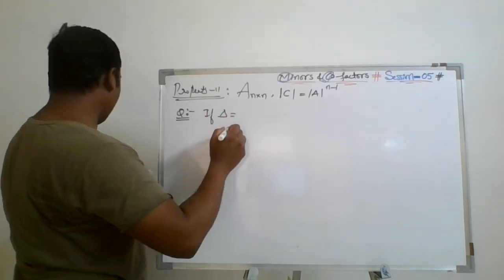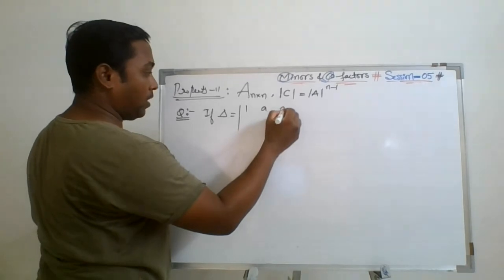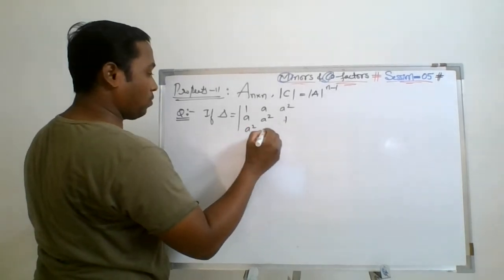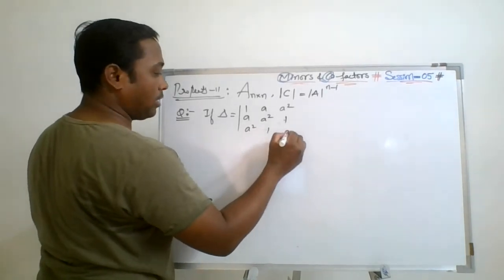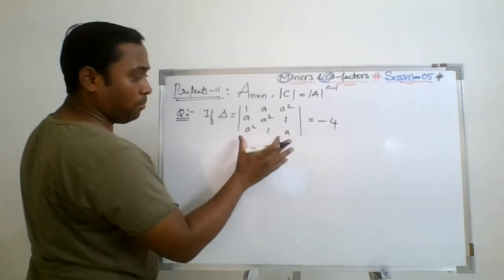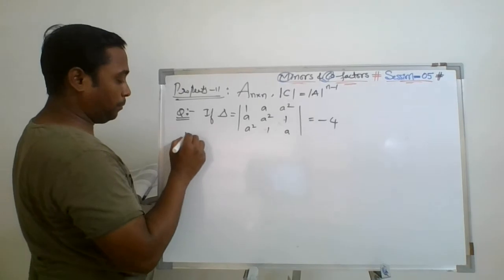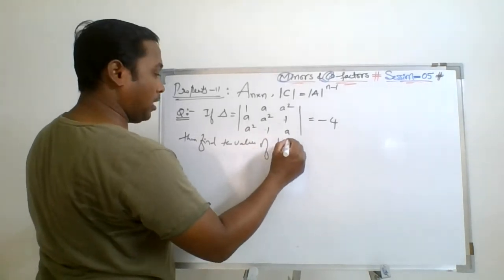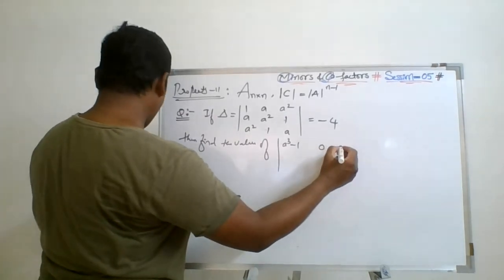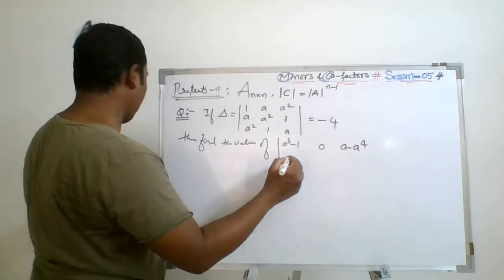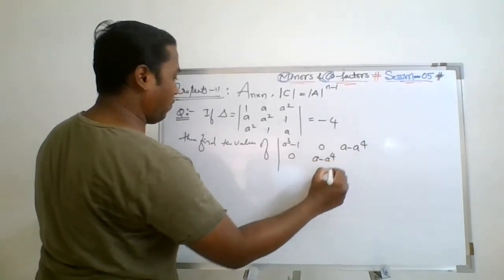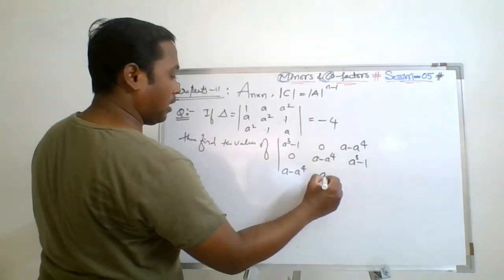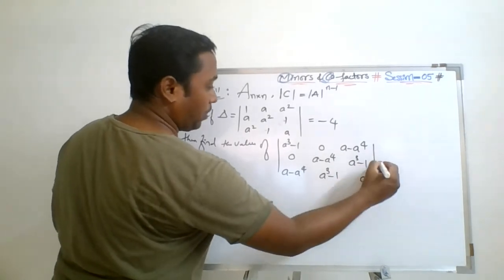If delta is equal to the determinant of [1, a, a square; a, a square, 1; a square, 1, a], which is given as minus 4, then find the value of the determinant [a cube minus 1, 0, a minus a power 4; 0, a minus a power 4, a cube minus 1; a minus a power 4, a cube minus 1, 0]. They are asking this.